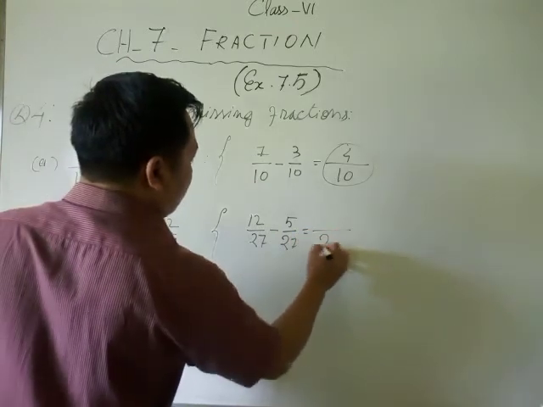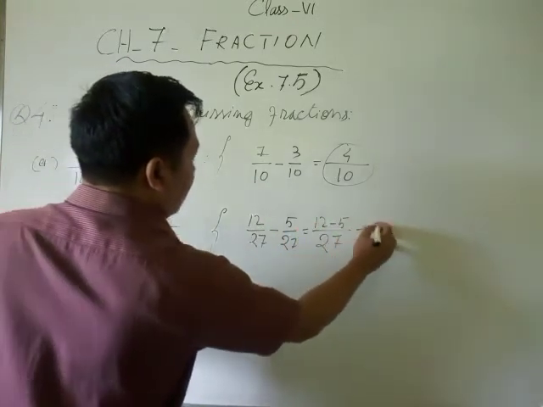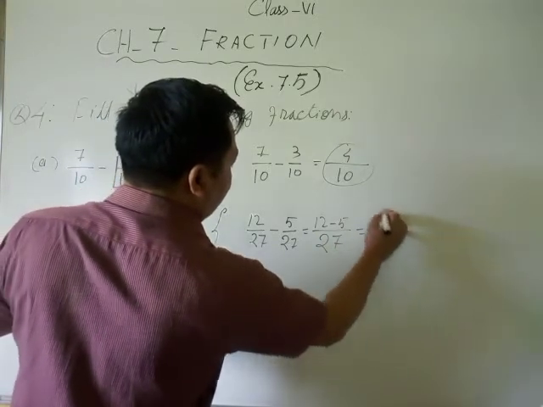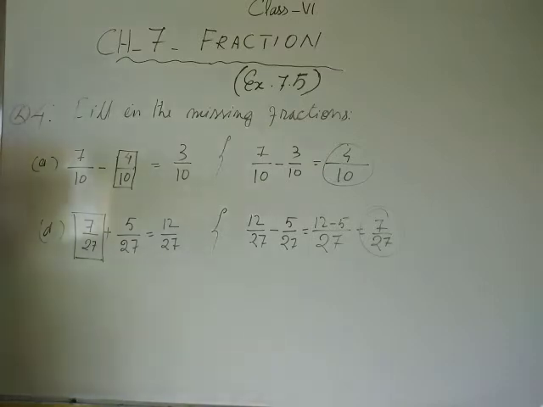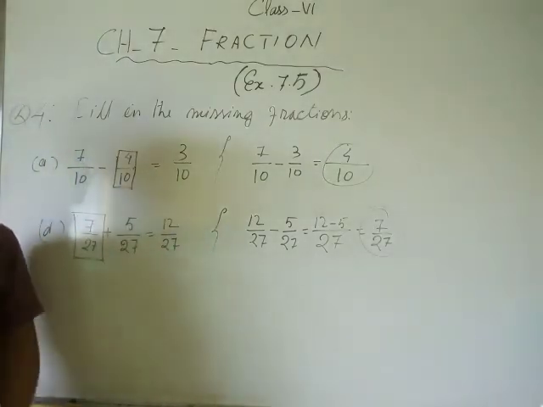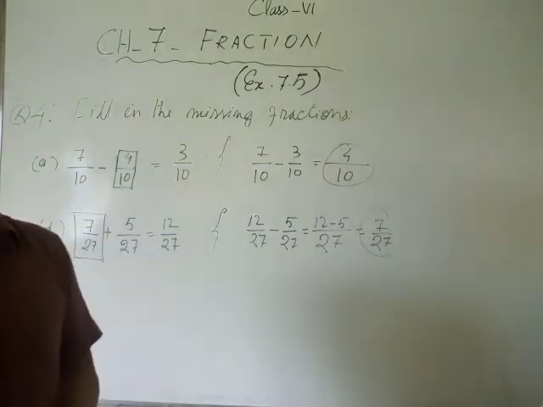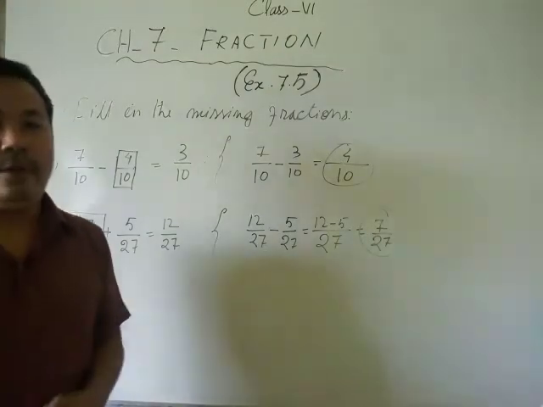So 27, 27, then you get 12 minus 5, that is 7 by 27. That's all. Since they have a common denominator, we do this. Clear? So like this, you can do the other ones also, B and C. So this is the answer for question number 4 and now question number 5. Let's see.